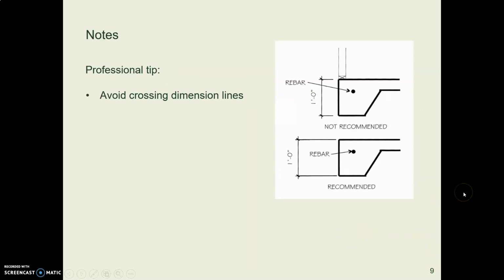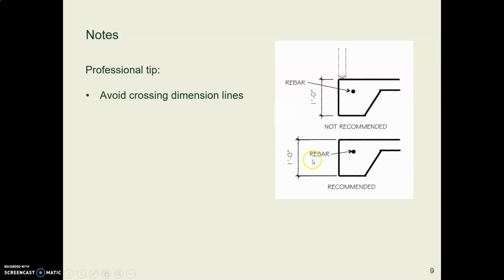Also, when you're pointing at things with a leader line, maybe you have a note that says this is such and such material, and you have a leader line, do not cross over the dimension line with that leader. And the dimension line is the one that the dimension text runs along. It's the one that has the tick marks on it. So don't cross that one.